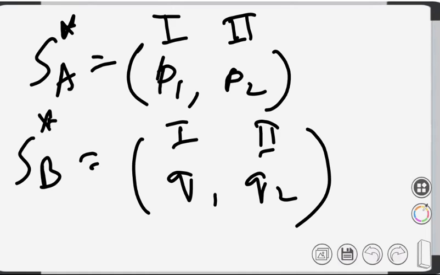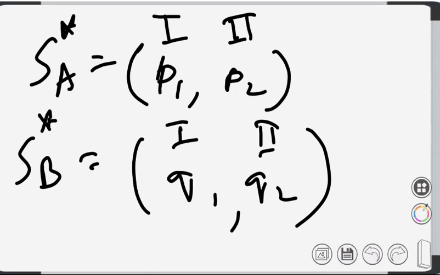Both strategies have to be there, otherwise it cannot be a mixed strategy. The statement also gives the values of P1, P2, Q1 and Q2, although it is written in a different manner.